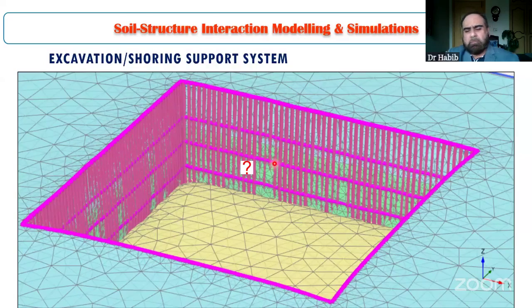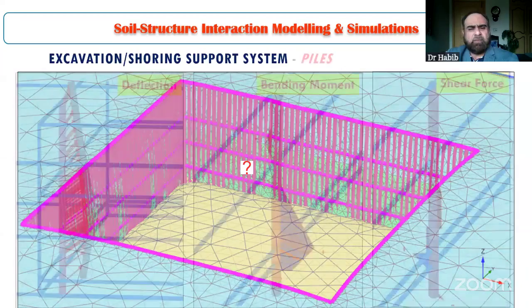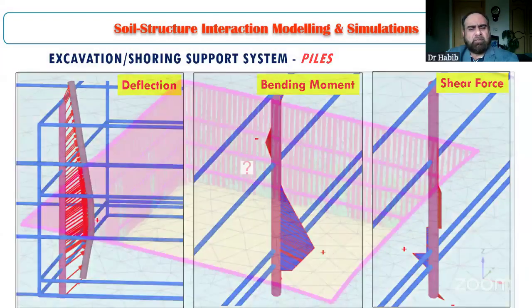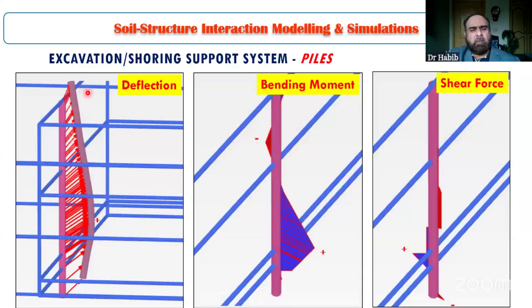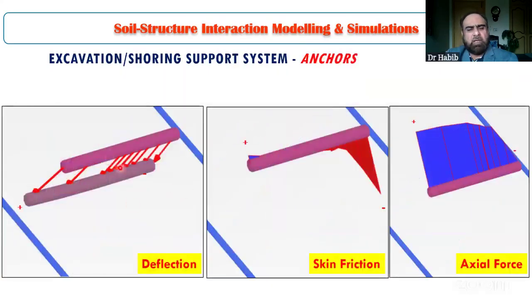So this is also possible through SSI modeling. Once this is done, we can have a precise estimation of deflection, bending moment, and shear force in the shoring piles. And we can have deflection assessment, skin friction assessment, and axial force in the anchors as well.